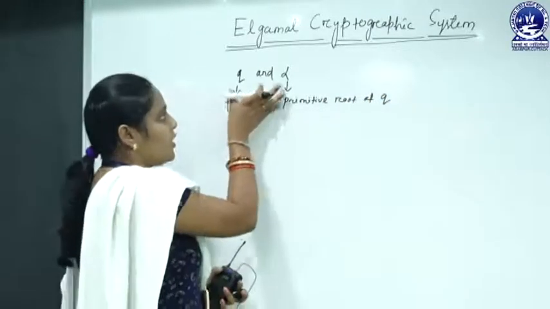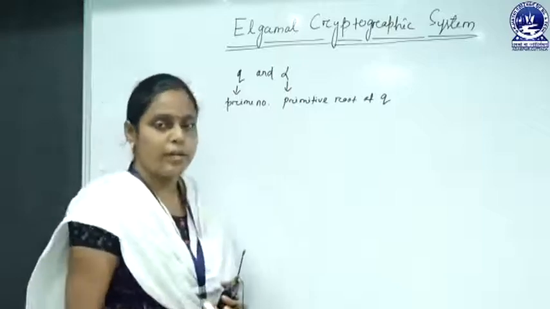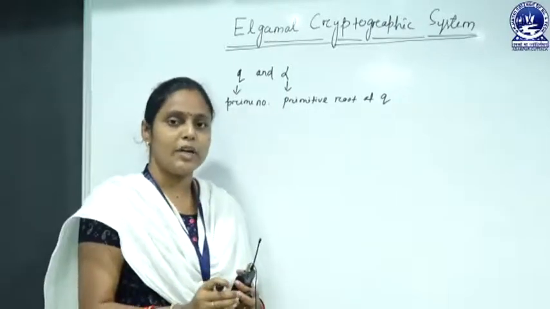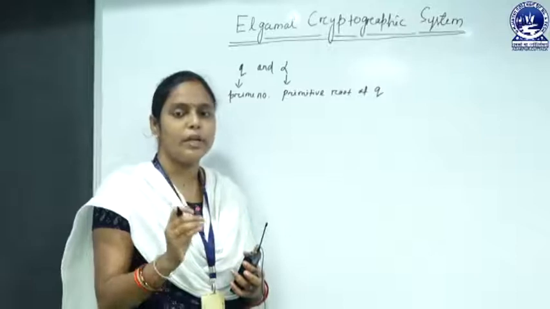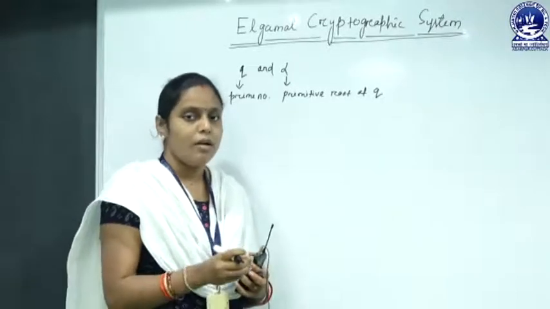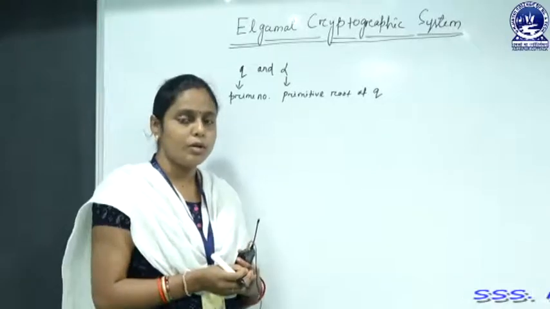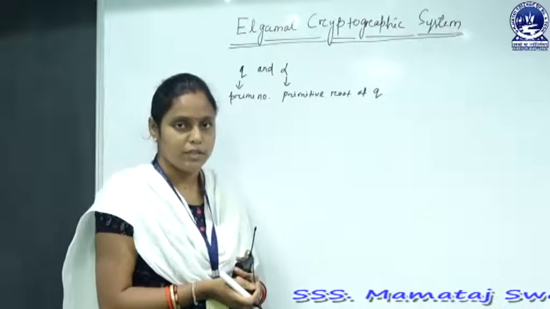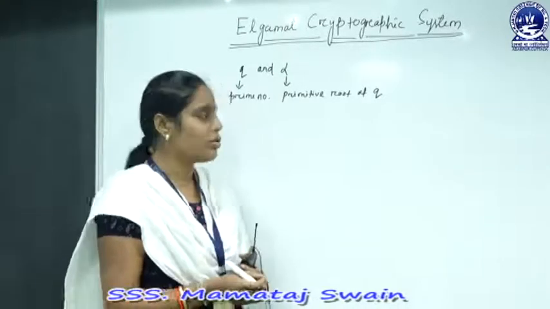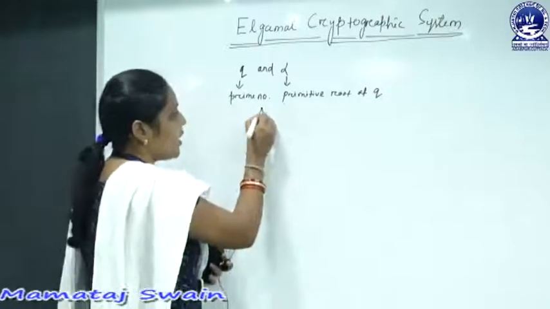These two elements are global, which means they are known to every user. Now suppose two users use this algorithm to send their information. These two users are A and B.